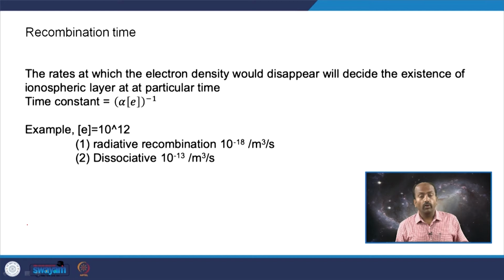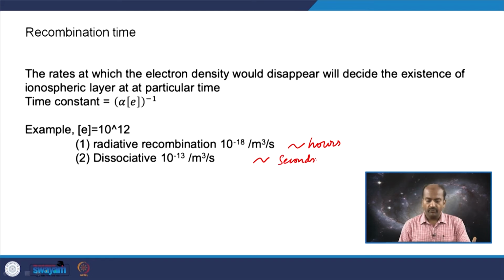10 to the power of 12 is the peak electron density. If you take the radiative recombination process alone to be responsible for the loss of electron density in the ionosphere, the approximate time it will take has also been calculated. This is of the order of several hours for radiative recombination, and of the order of a few seconds for dissociative recombination.